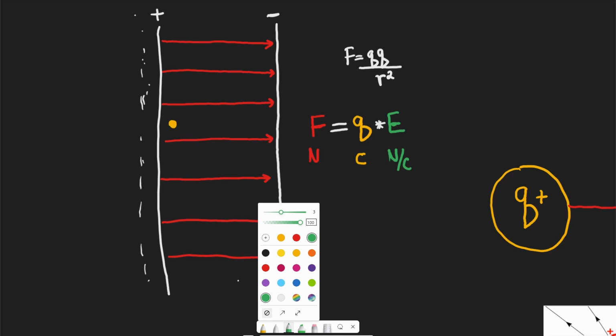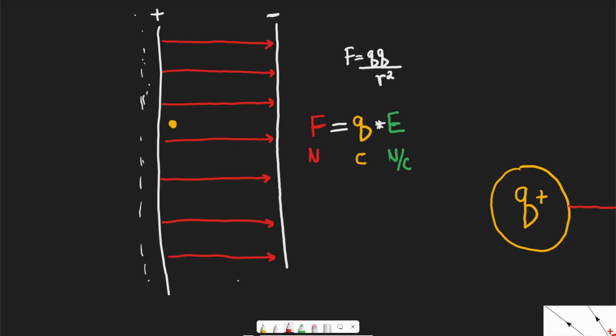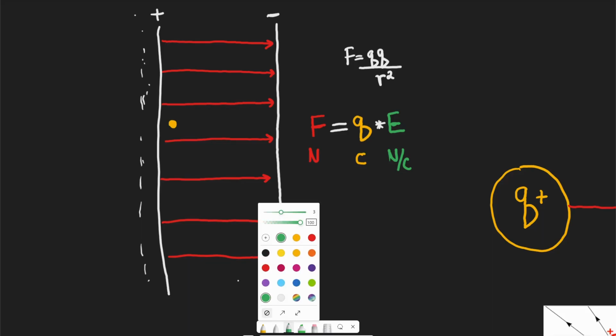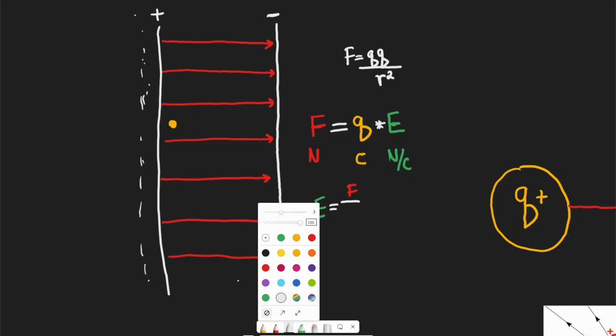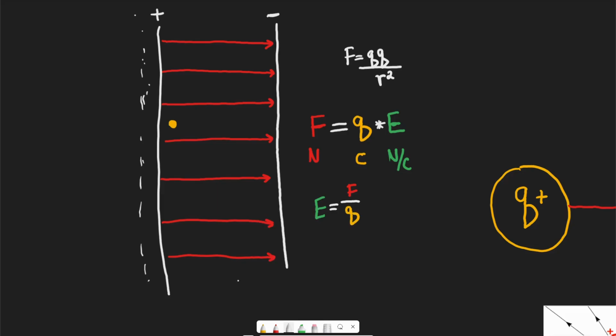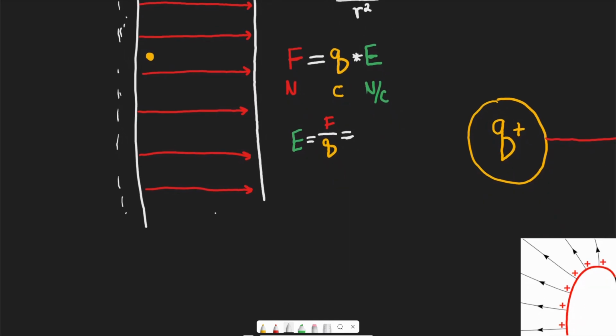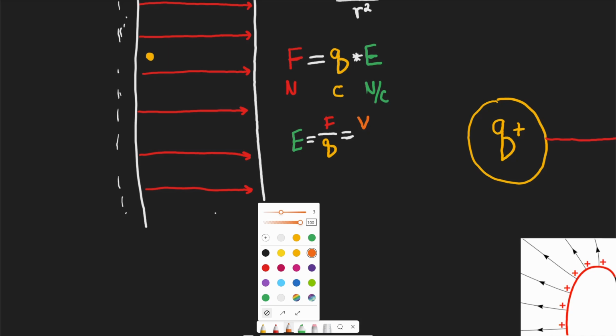So if we wanted to, for example, we could rewrite this equation, and you'll often see this in textbooks, as E is equal to the force that a given charge would experience divided by that charge. And so another equation that we can use is that electric field strength is also equal to the voltage.